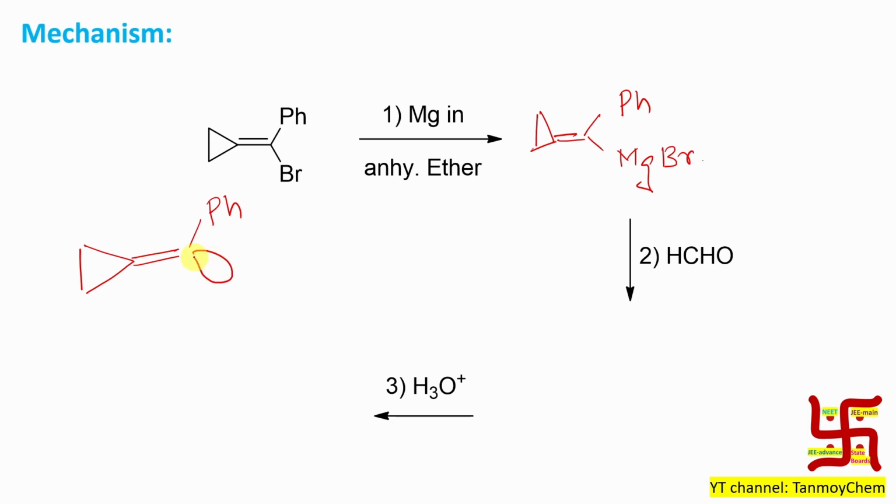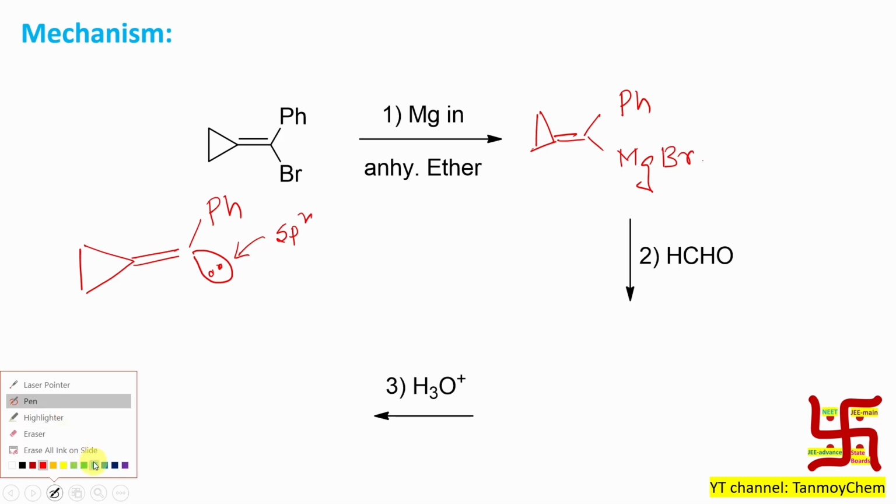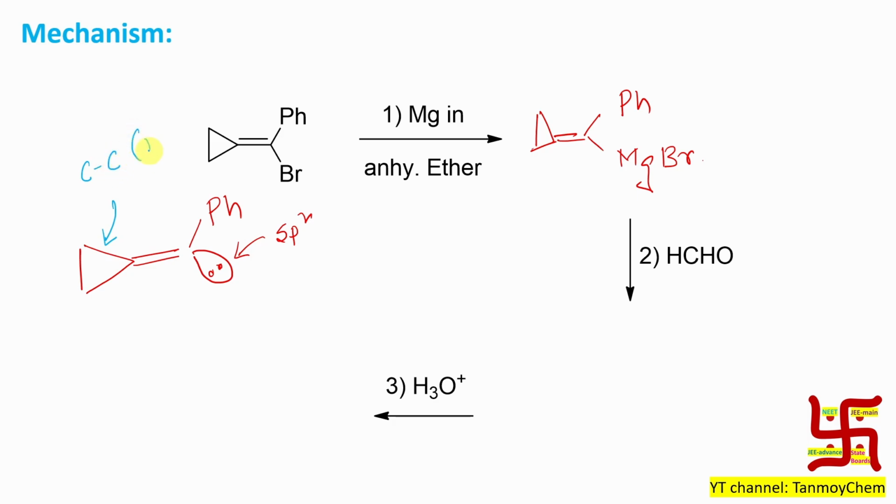So what can happen, this pair of electrons remains in this sp2 hybridized orbital. Now in the next step what is possible? By the way, if you look at this bond, it's a C-C sigma bond, but it is not a strong or stable bond. Why?